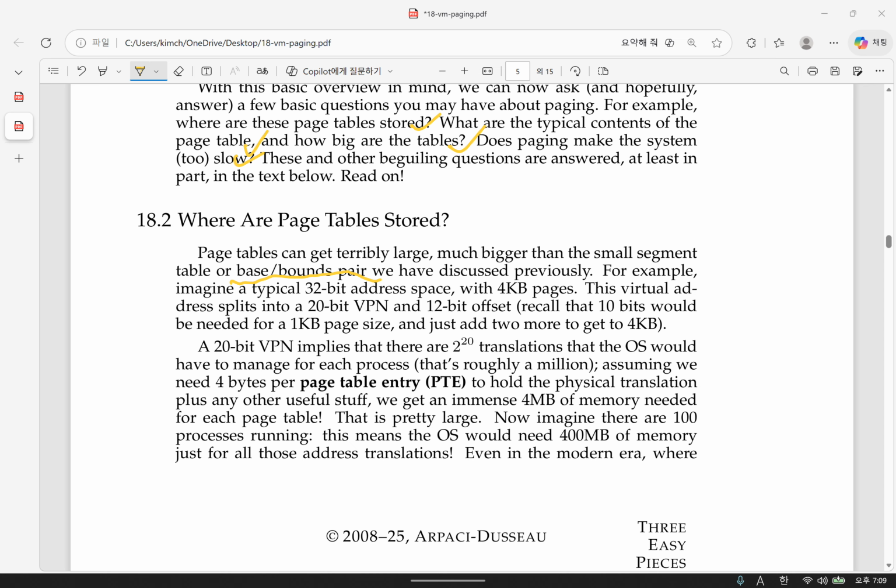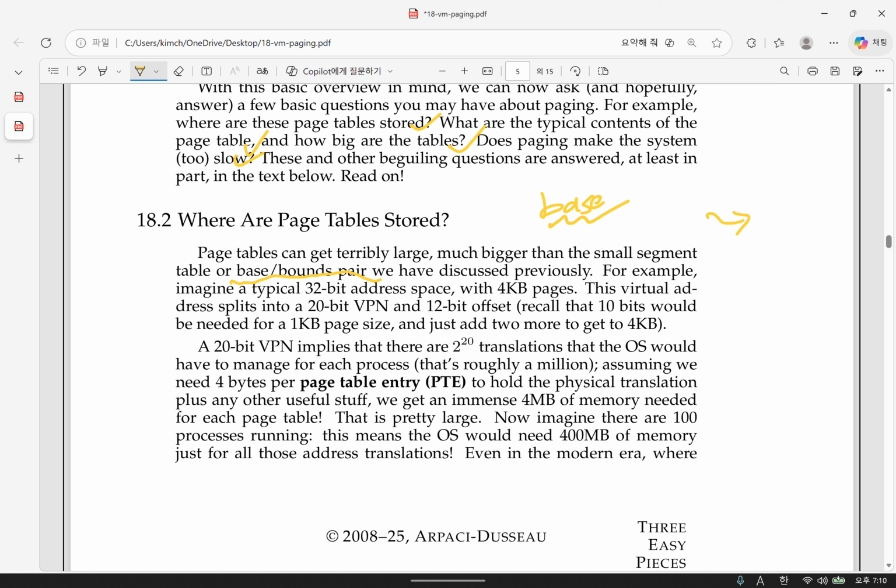And the point of base and bounds was each process had a certain starting point in the physical memory. So the base was added, and it was really fast because we just need to add the base and then compare whether it is bigger than the bound.